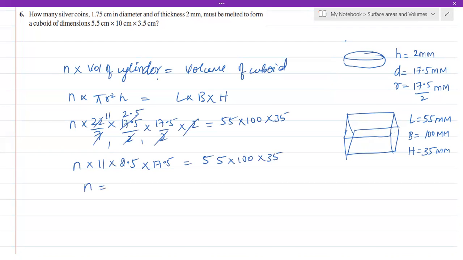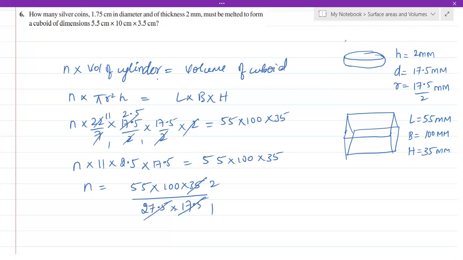Therefore, for the n value, transpose everything to the other side: 55 into 100 into 35 divided by 11 into 2.5 into 17.5. 11 into 2.5 is 27.5. Now, if you observe carefully, if you double 17.5, you'll get 35, isn't it?